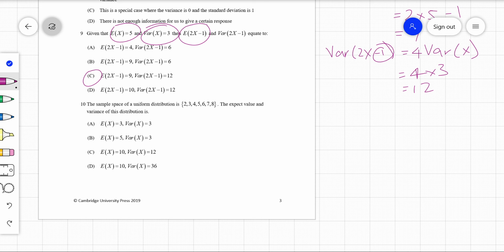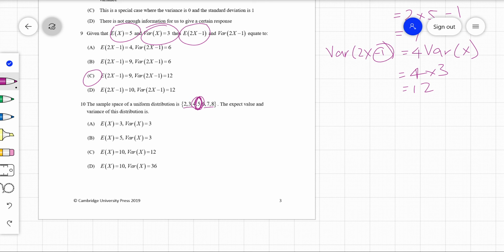It's the middle number that we expect if they're all exactly the same distance between them, which they are, so just 2, 3, 4, 5, 6, 7, 8. So our expected value should be the 5 right in the middle there.